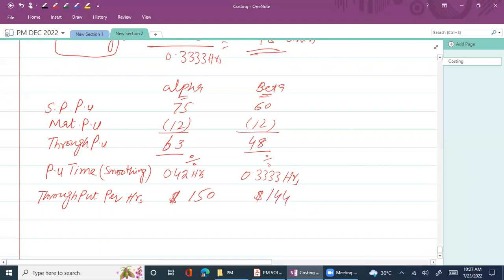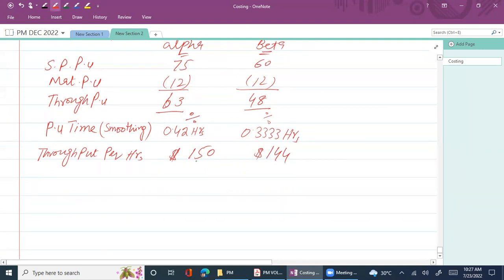So if we look at the data, we are getting more benefit by consuming 1 hour for alpha. So this is our first priority: first of all, we will be producing product alpha, and then at the second stage we will be producing beta, because by consuming 1 hour we are getting fewer dollars of throughput. So alpha will be the first choice.